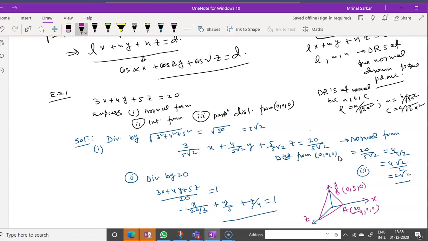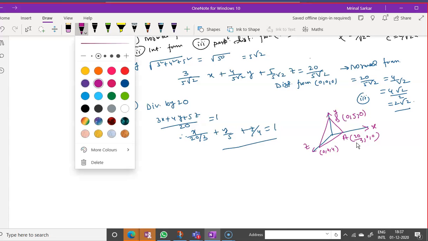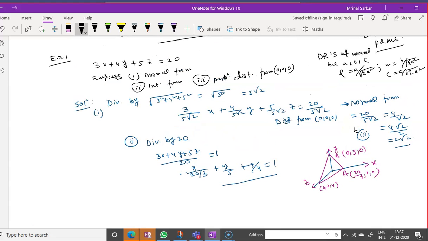This is 0, 5, 0. And this one is 0, 0, 4. Okay. So this is the plane in normal form, and the plane in intercept form.